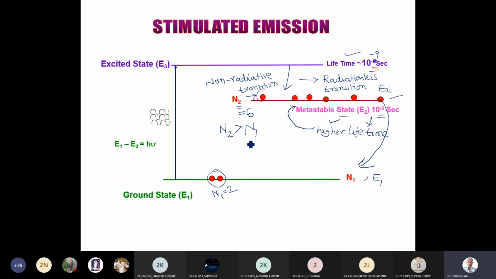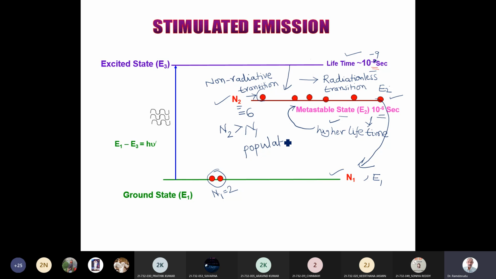The second one is that the population is more in the higher energy level E2 than in the lower energy level, which is not possible under equilibrium. So the condition of having more atoms in the excited level E2 than E1 is called population inversion.